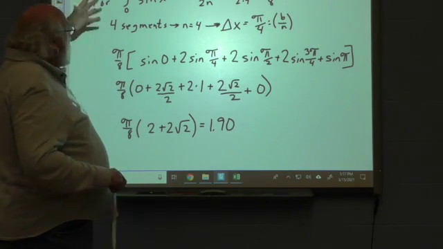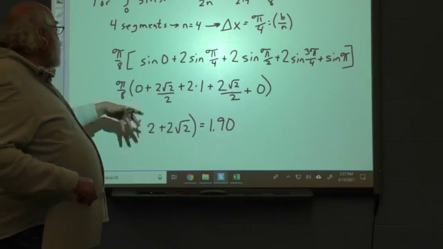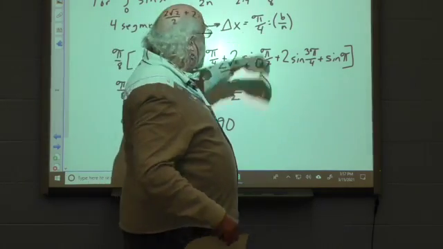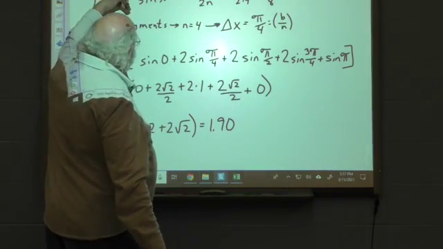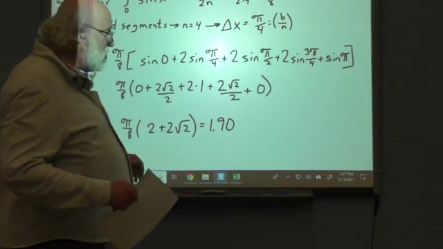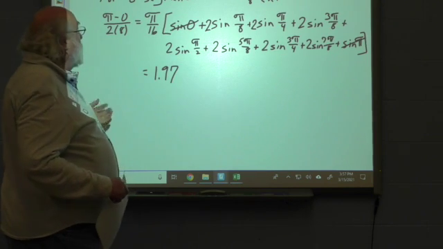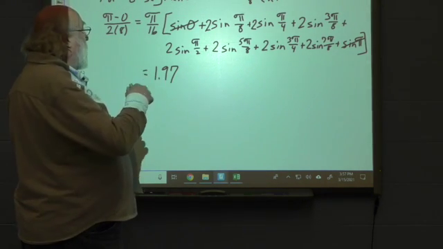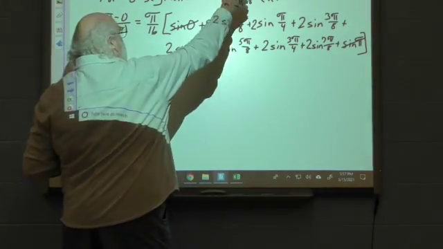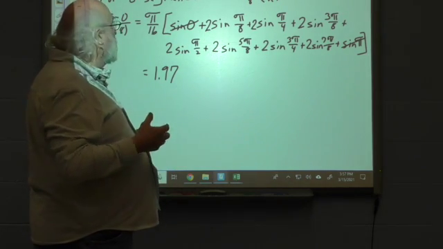Okay? Now, let's suppose instead of 4, we want to divide it up into 8 parts. Well, this becomes pi over 16 then, because it's 2 times 8, which is 16. We still have 0 for A and pi for B, and we're using the same function. Then we go through and do the same thing, only now we have pi over 8 for each of the lines that we're using for our value of the angle.